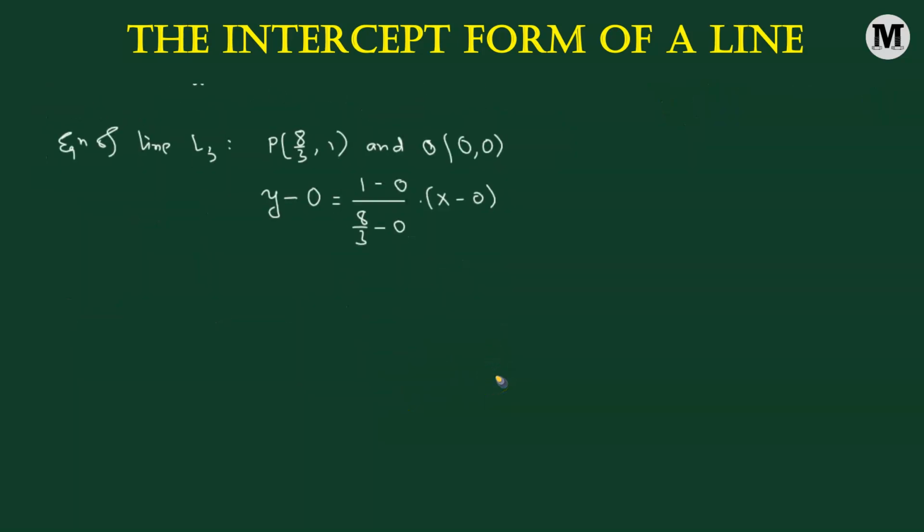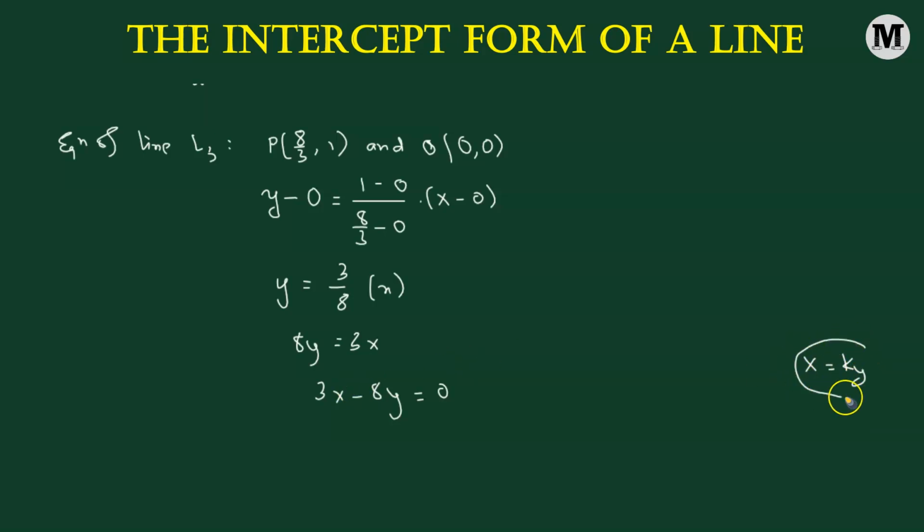This gives us y equals to 3/8 multiplied to x. So we get 8y equals to 3x, or 3x minus 8y equals to 0. Clearly, any equation of this form is a straight line which passes through the origin. So this is the equation of the line L3.